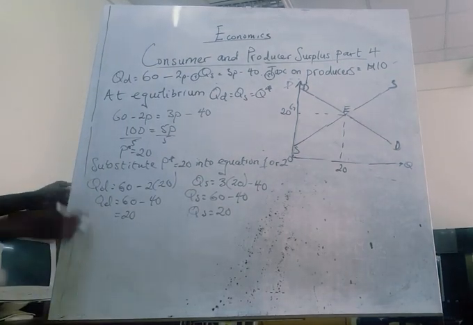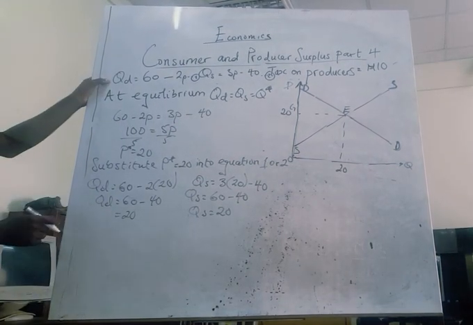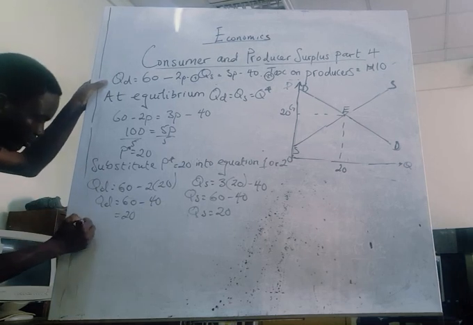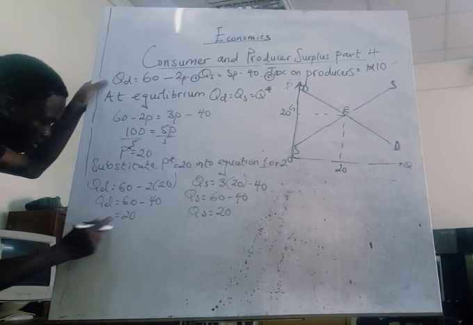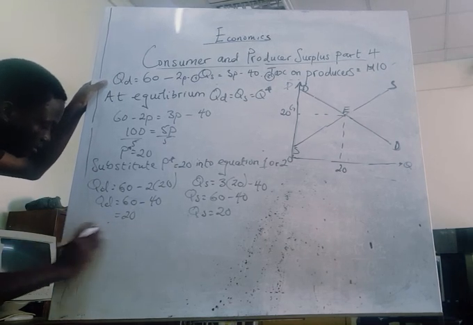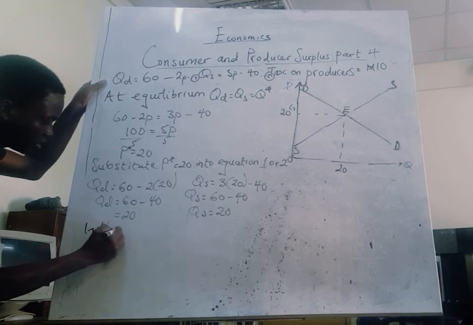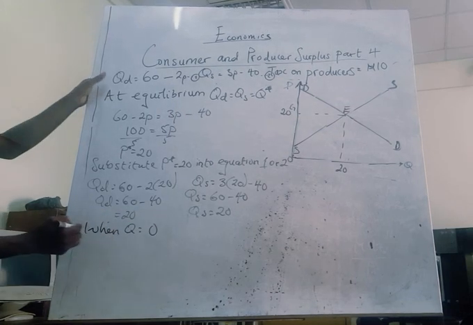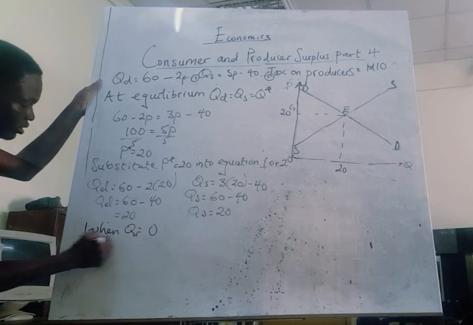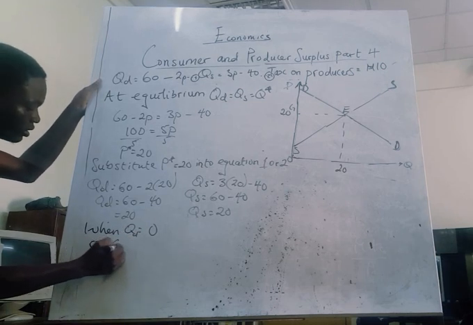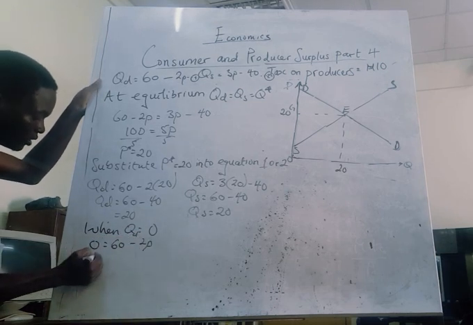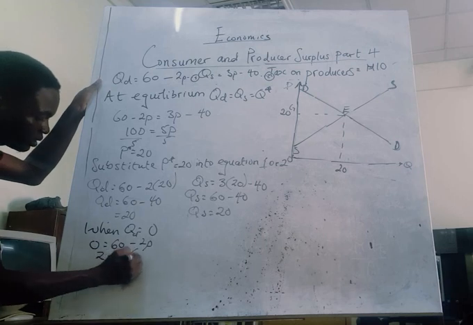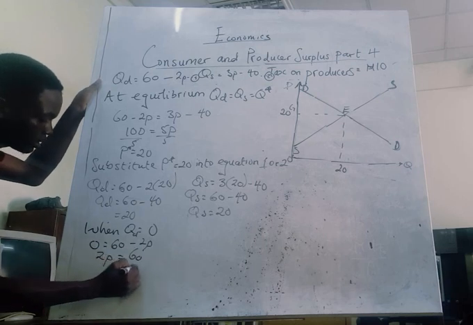Let's just write when Q equals 0. So when QD equals 0, we have 0 equals 60 minus 2p, 2p equals 60, and p equals 30.